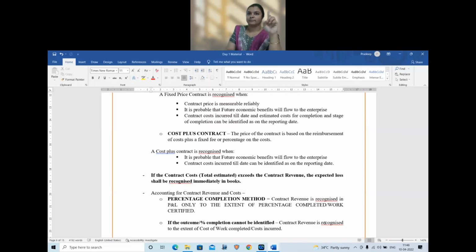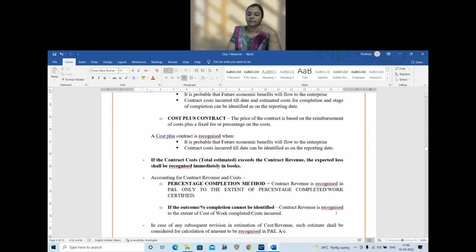Rule number 1, percentage completion. I will go in a different order, then I will come to whatever is given in the statement. Percentage completion. The revenue shall be recognized based on percentage completed or work certified. Suppose your total contract is 100 crores, and I have completed 40% of the work till the reporting date.